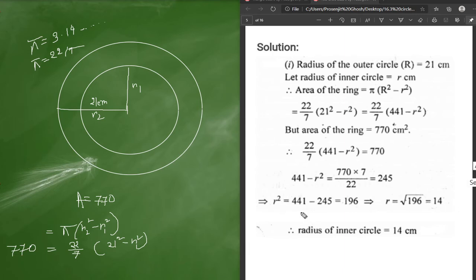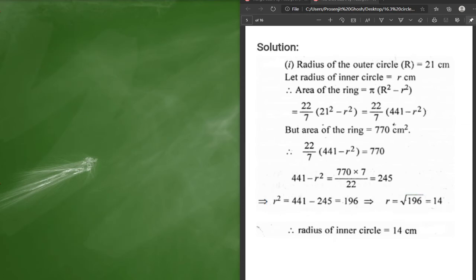I already did it over here. Please check out the calculation. I just told you the idea of how and why you have to do this. So that is the radius of the inner circle. As the radius is given to you, from there you can find any kind of circumference or area of the inside one. That is totally up to you.